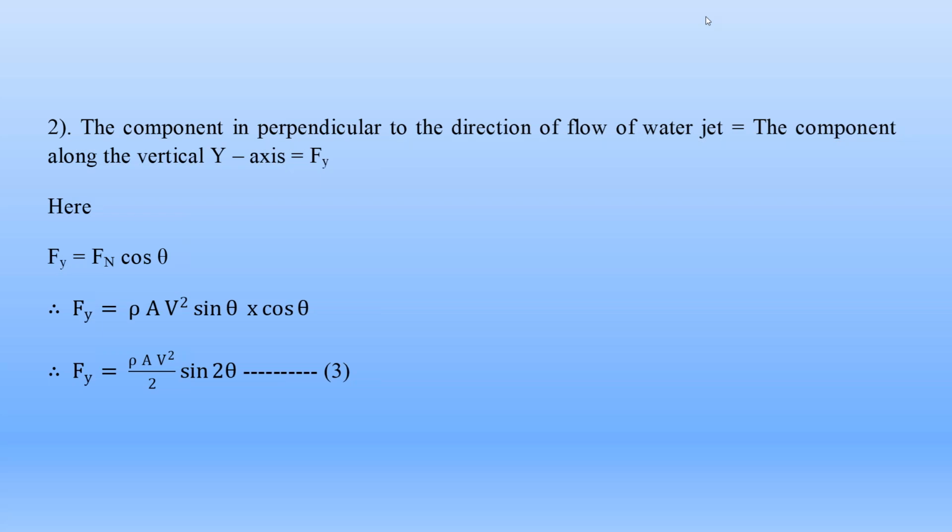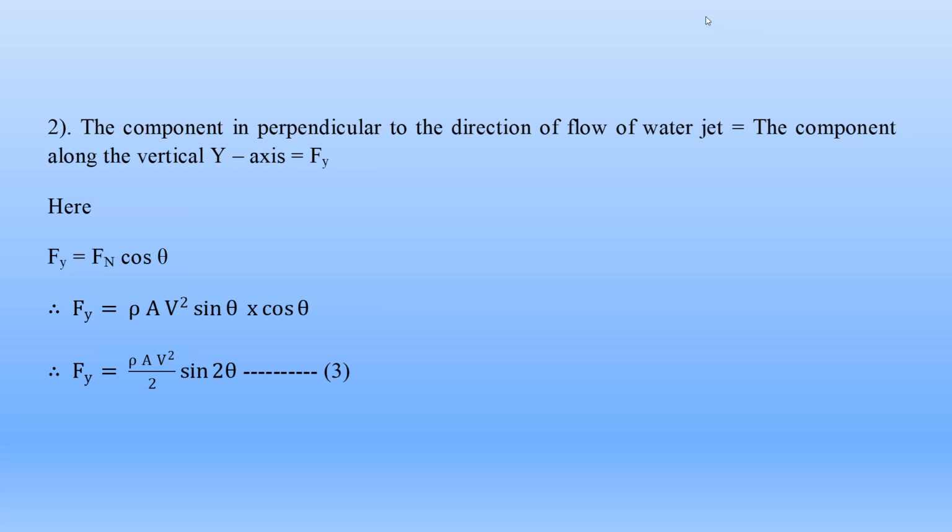Then the second impact, the impact of horizontal water jet with the stationary inclined flat metal plate. So these two are the impact of water jet with the flat metal plates.